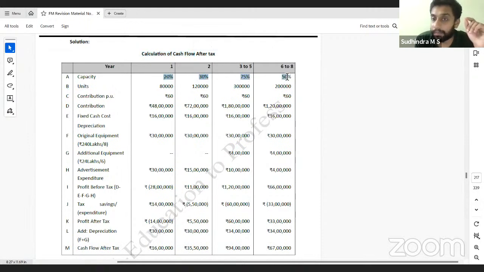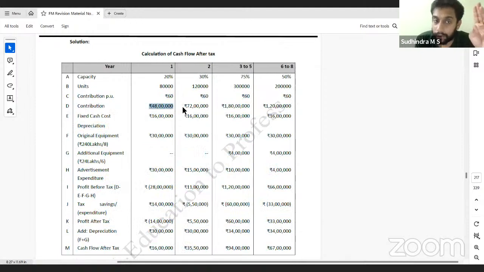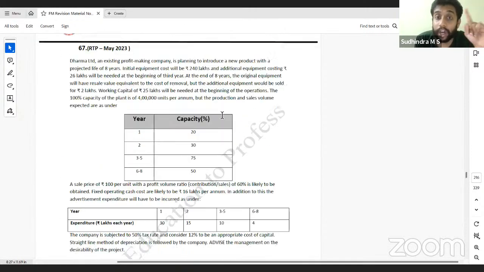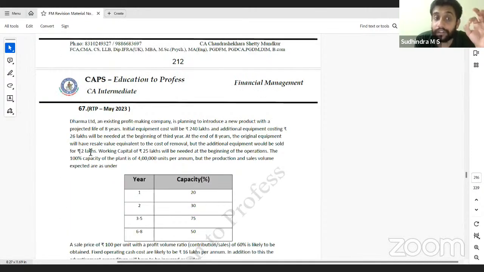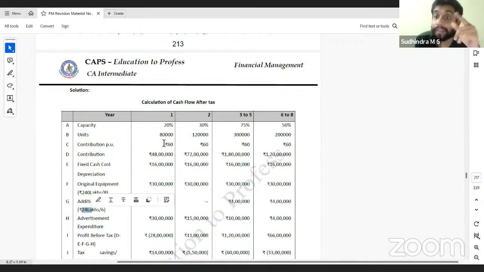They have given us that capacity; number of units produced, multiplied by 60, you'll get contribution, then fixed cash cost. Then depreciation on original equipment: 240 lakh divided by 8 years because scrap salvage value is 0. Whereas additional equipment cost was 26, salvage value is 2, 26 minus 2, 24, divided by 6 years because it was purchased at the end of second year: 3, 4, 5, 6, 7, 8, 6 years.